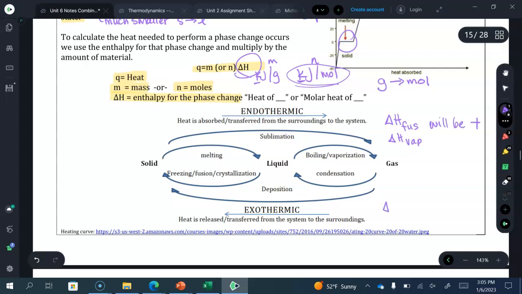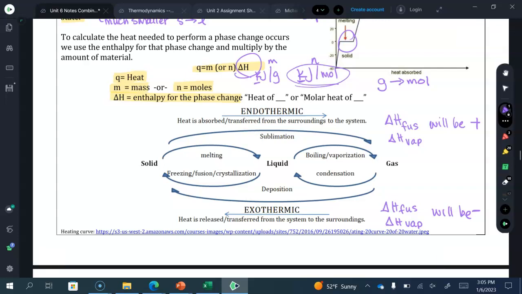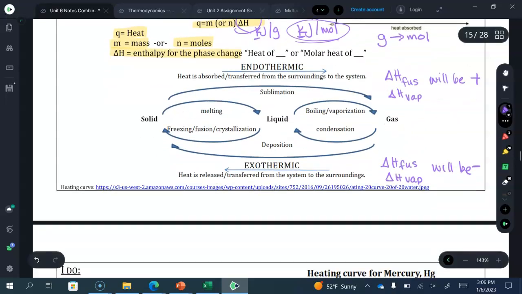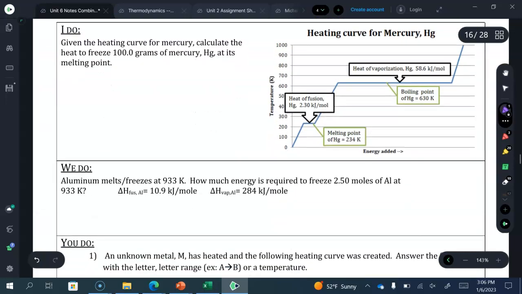And then for the bottom, for exothermic ones, the delta H of fusion and the delta H of vaporization will be negative for all of these. Please make sure you're remembering that because energy is released or absorbed based off of the type of process taking place. So let's apply these in the I do and the we do.